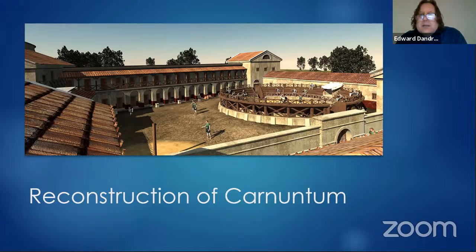And you can see an artist's reconstruction here. The fact of the matter is that this looks very similar to what we see in Pompeii, with a central courtyard that would have had a wooden structure where individuals would compete with one another. That wooden structure does not survive at Pompeii. You can see the cells on the second floor, which do not survive at Pompeii.